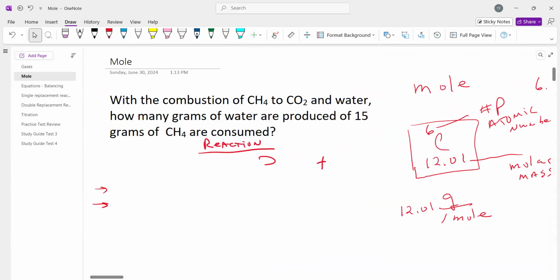Because right now, this equation is saying the given is methane, CH4, and we want to calculate water. So what's going to glue those together is the chemical equation, the reaction equation. Okay, so that's it for today.